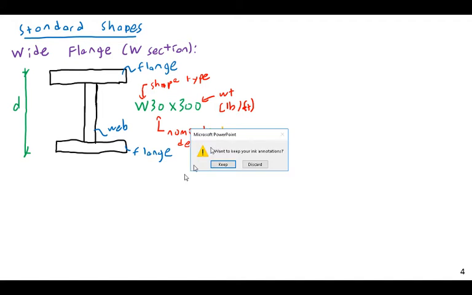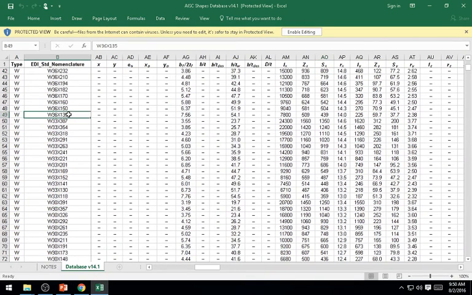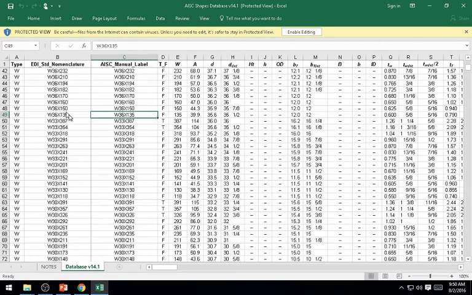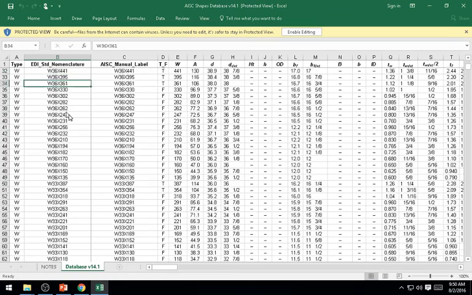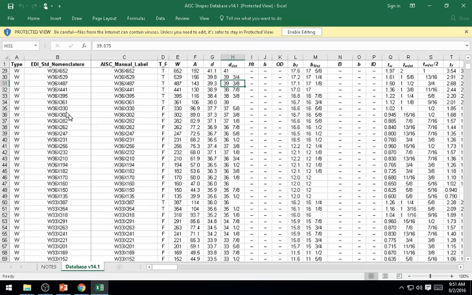If we go back to the database here, say the W33, where's the actual depth here? See, look at this. All of these are in the W36 family. See this? All these W36s here. But if you look at the actual depth, this is basically the depth rounded to a fraction. This is the closest actual depth as a decimal.